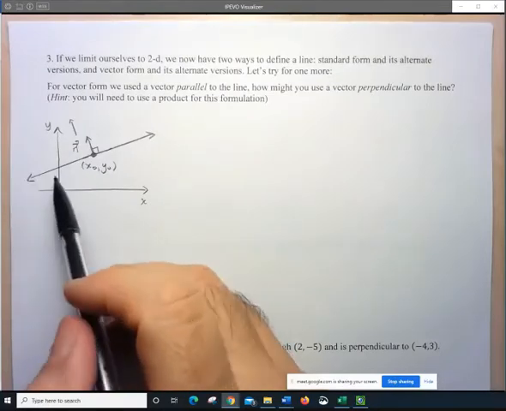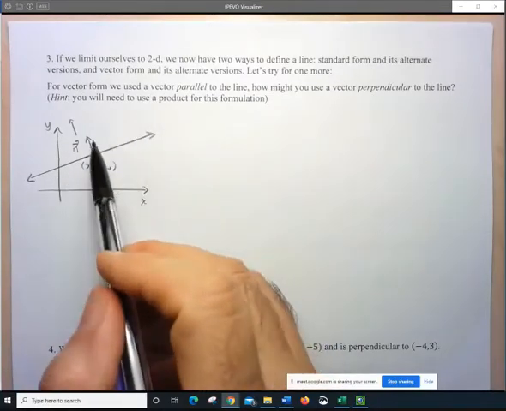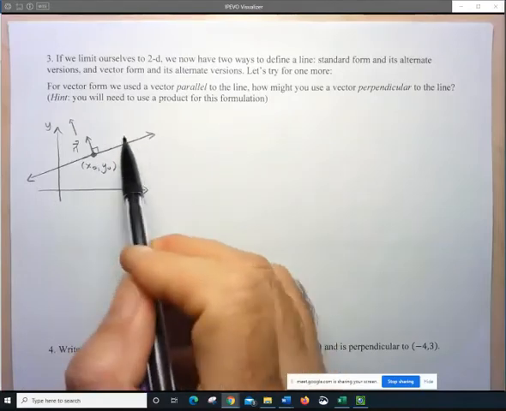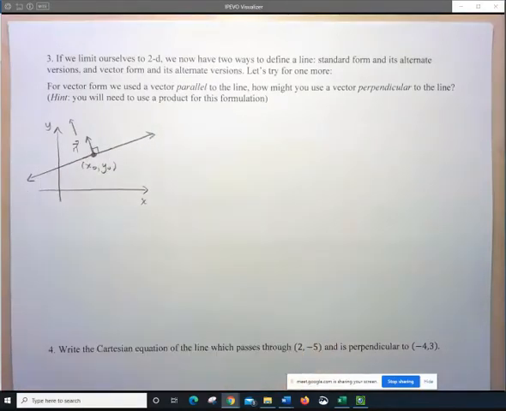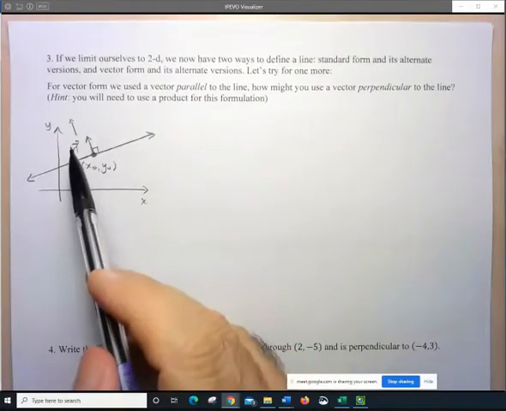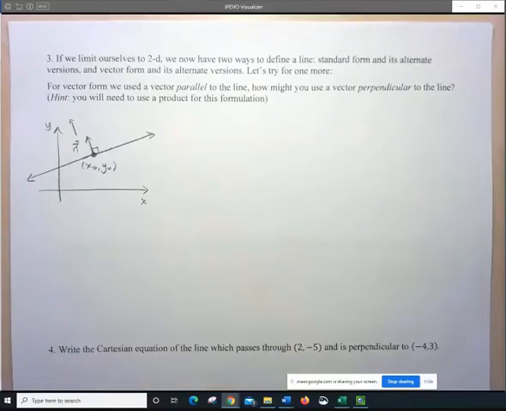What relationship might it have to some vectors that are related to this line? Okay, because if we're working with this vector n, we'd like to find some relationship with other vectors. Can anybody see what relationship it might have with some of the other vectors related to this line?